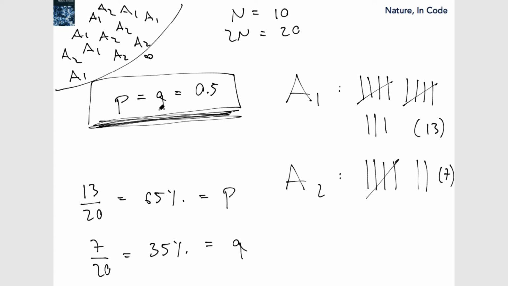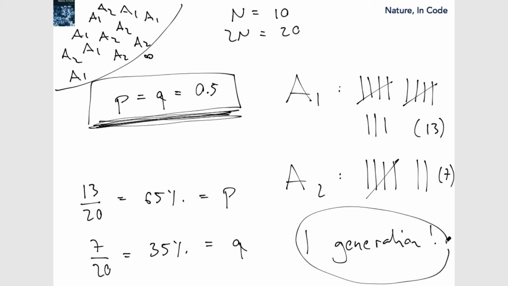And we established that this wouldn't change, not the slightest bit. Now, here in one single generation, we had this dramatic change from 50-50 to 65% and 35%. In one generation, a dramatic change in allele frequencies, which means a dramatic evolutionary change in a single generation.